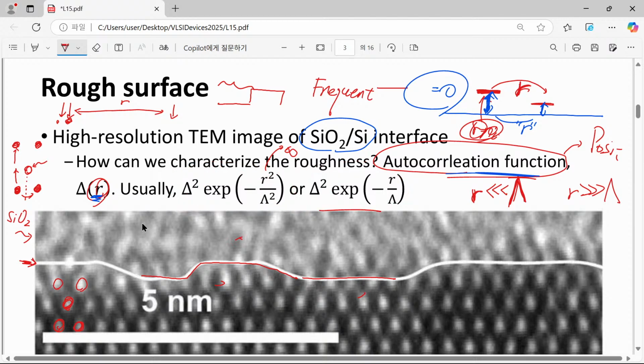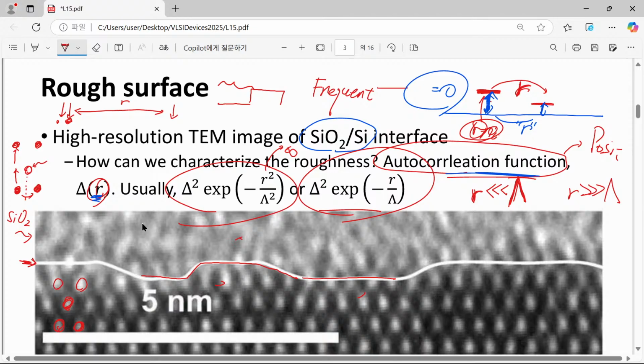And the difference between this Gaussian function and exponential function is how rapidly they vanish to zero. You know that a Gaussian decays much faster than an exponential function. So it really depends on experimental data.